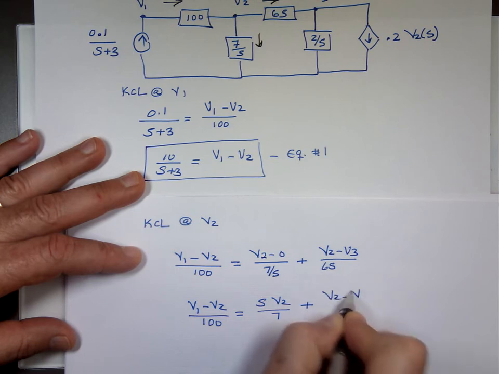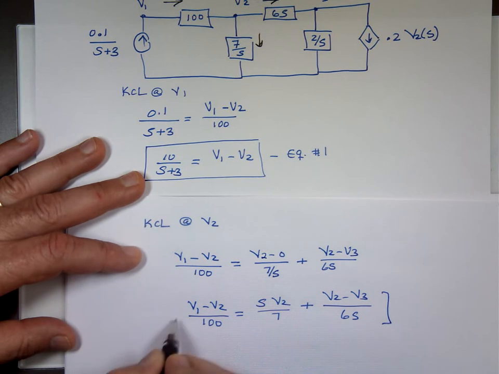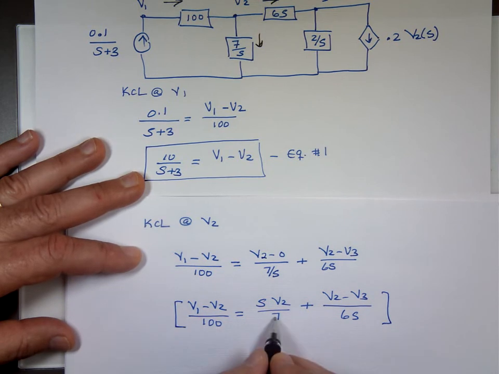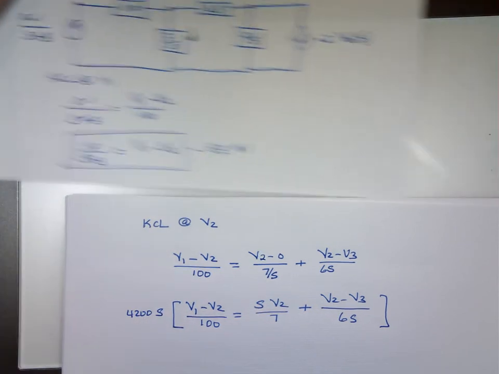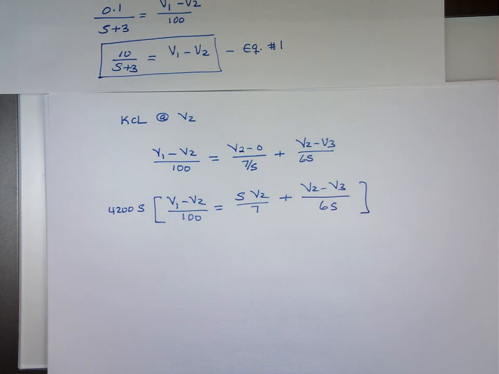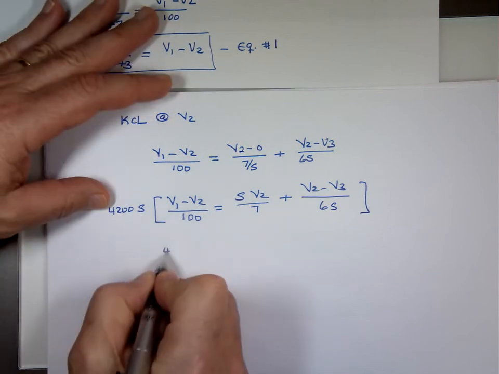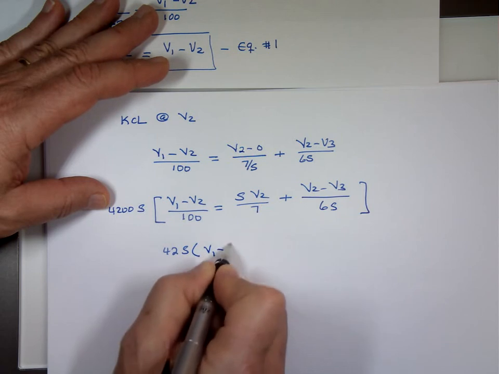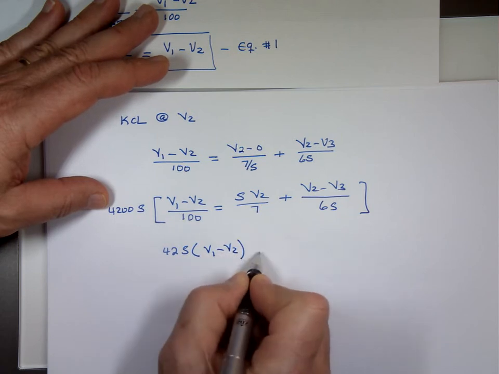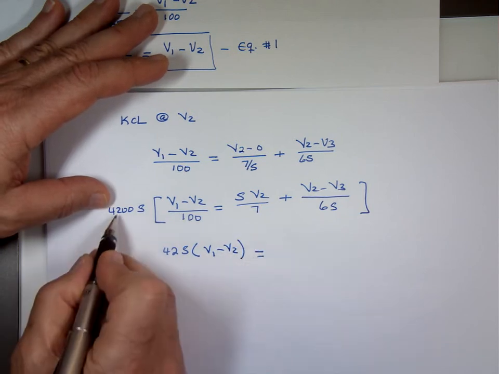What's my LCD? 6 times 7, is that 42? 42S. So you'll have what? 42S times V1 minus V2 equals, is that 600S?